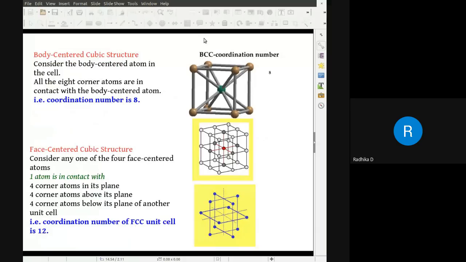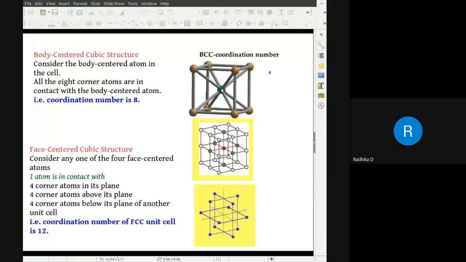Next, if I take a BCC structure, a body-centered cubic structure, you know that there is one atom at the center of the entire cube. How many atoms are there at the nearest distance from this center? So this green atom, which is at the body center, how many are there which are at the nearest distance?